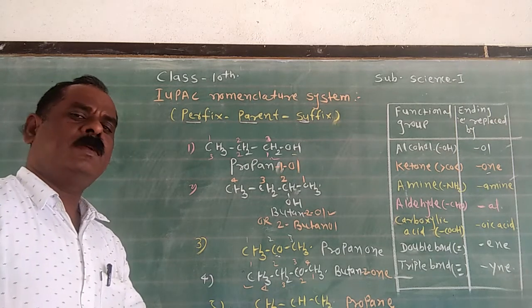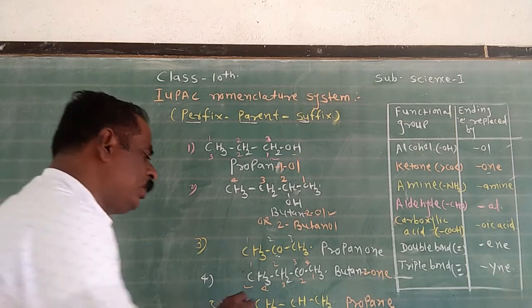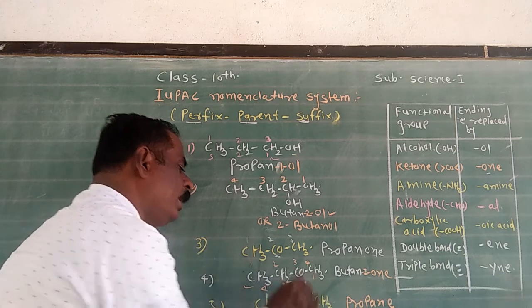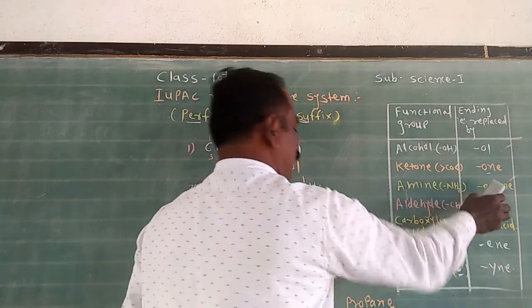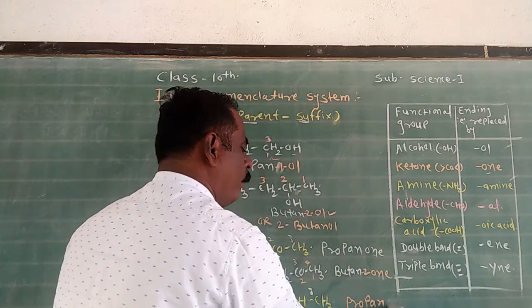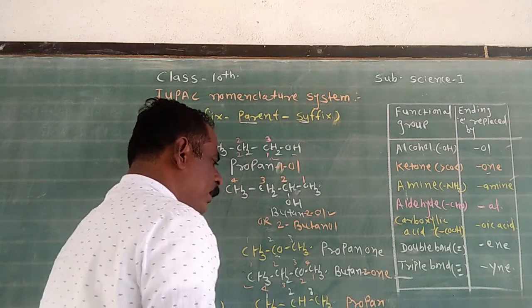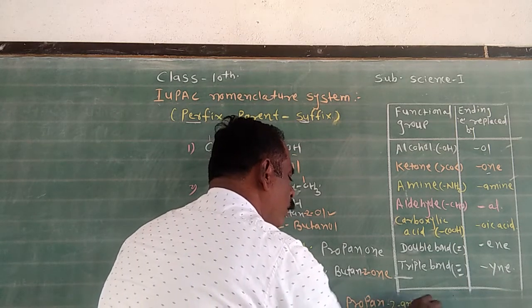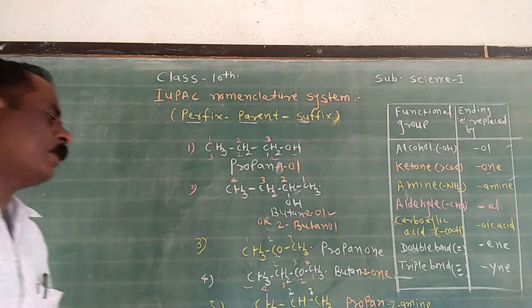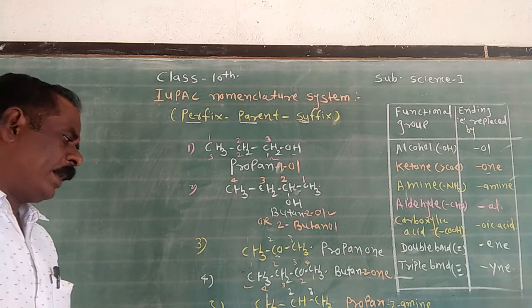Amine functional group. It is attached to which carbon atom? 1, 2, 3, the second carbon atom. Therefore, in case of amine, E is replaced by amine. Write the proper number and name: 2-amine. Propane-2-amine is the IUPAC name of the compound.